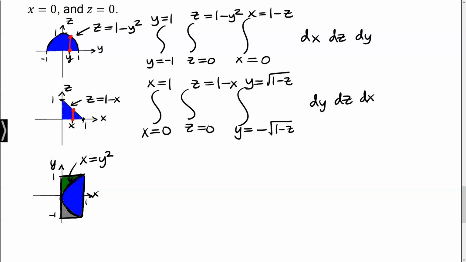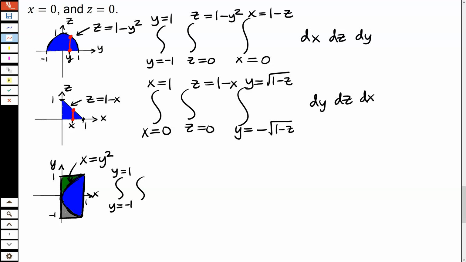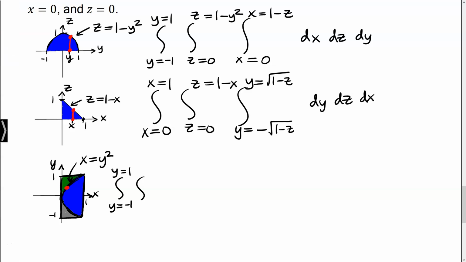Okay, so we have to do 3 pieces here. Let's do the blue one first. The blue one's the easiest. That's just y from negative 1 to 1. x is going to go from here to here, so that's from y squared up to 1.